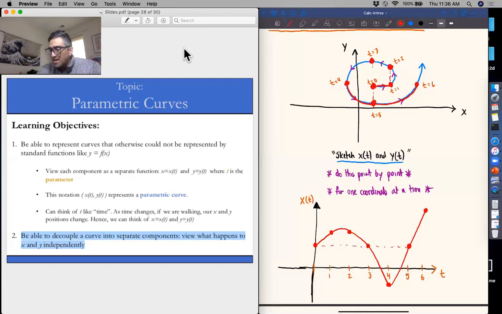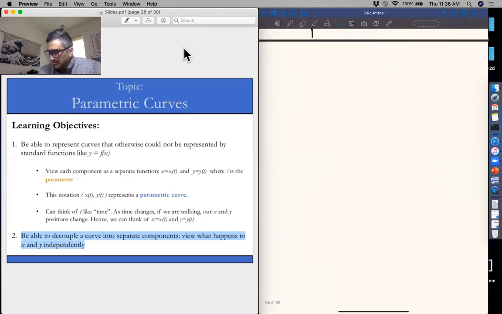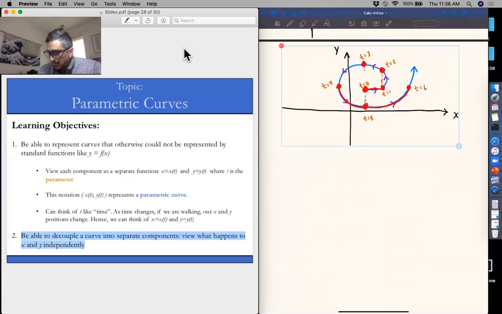All right, let's do the same thing now, but for the y coordinate. So I'm going to grab our sketch and bring it down below. All right, let me just clean this up really quickly.